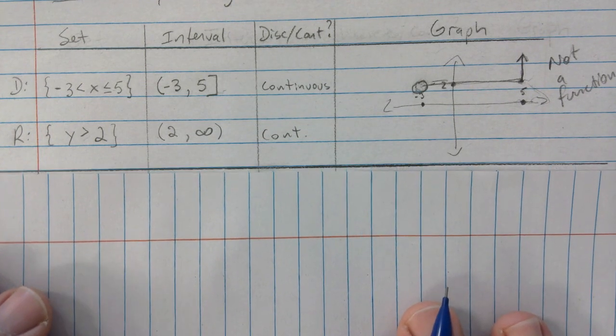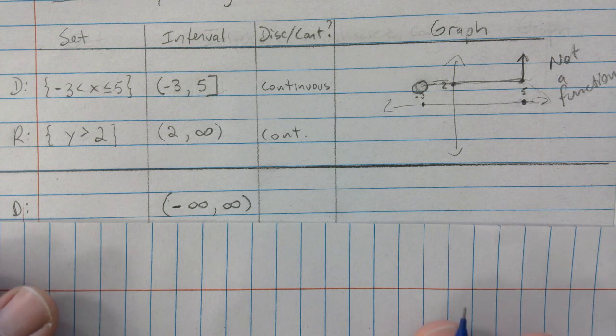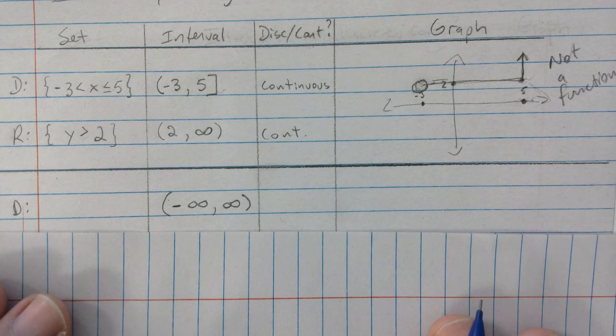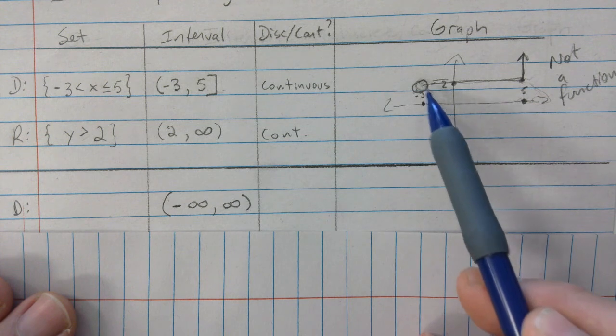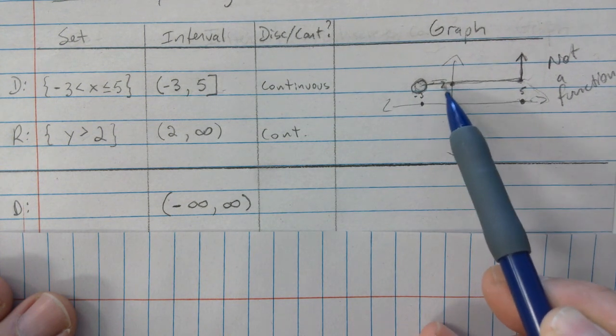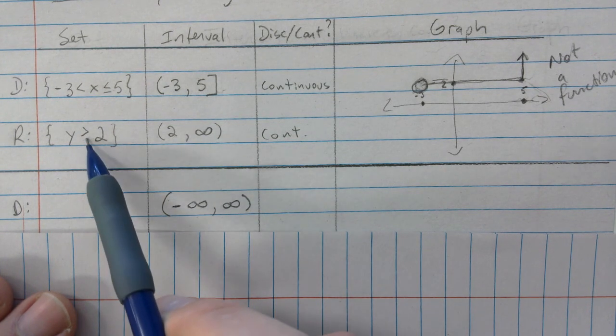Okay. Now, yeah, I see the mistake, folks. This, if this is not included here, but there's a solid line going through 2, then 2 has to be included. So let's fix that. Just do this.